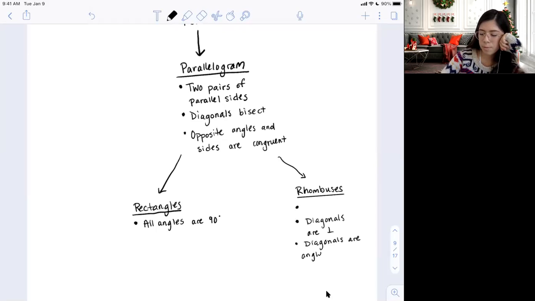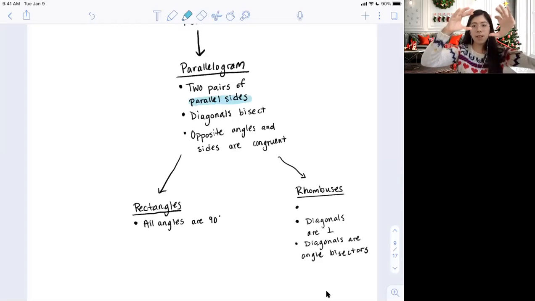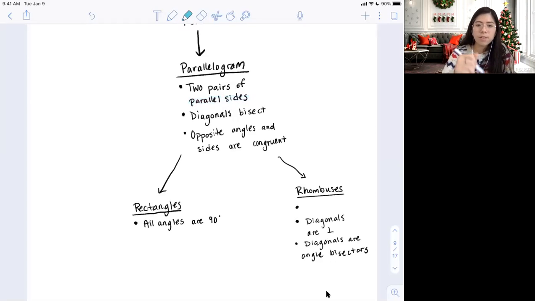And what was the more basic thing? We already have parallel sides from up here. So remember, everything a parallelogram is applies to rhombuses and rectangles. But there was one more thing about a rhombus. It has to have all equal what? Sides.